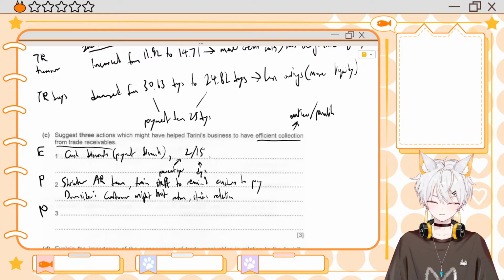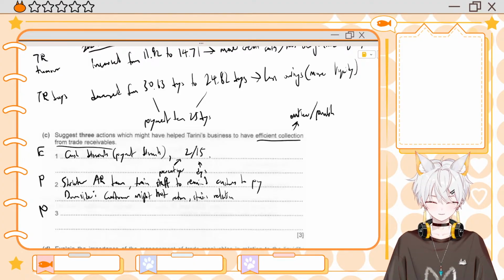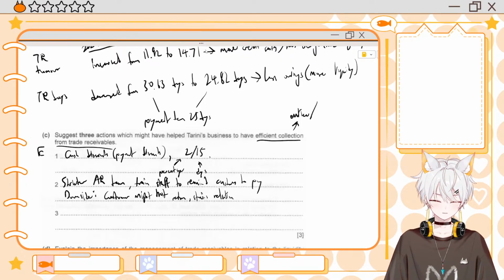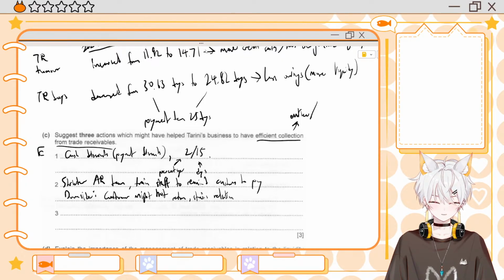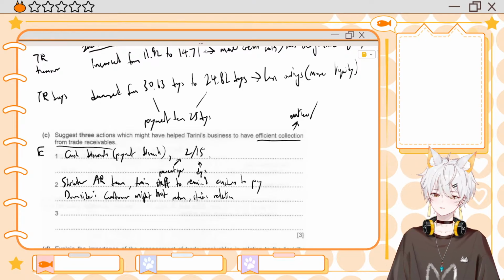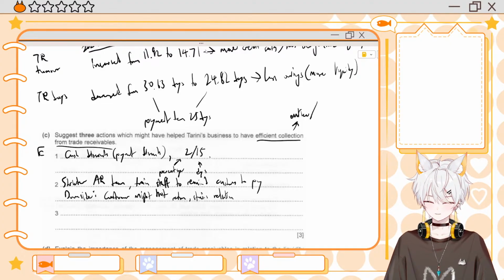Yes. The next one, I wouldn't really call it punishment. Maybe instead of punishment, it's more of an entice or reward. The other one would be, let's see, what should I call this? I'm at a loss for words here. Let me think.